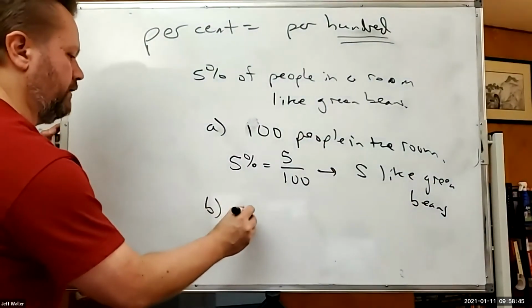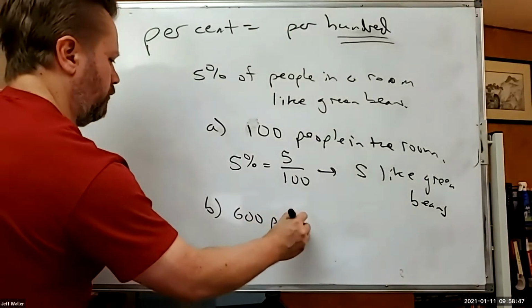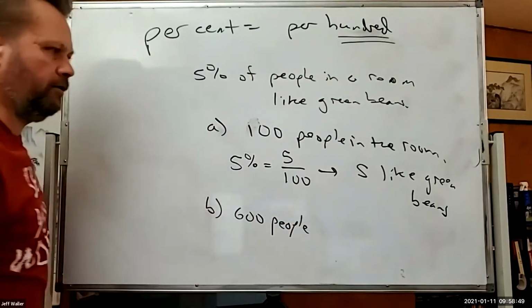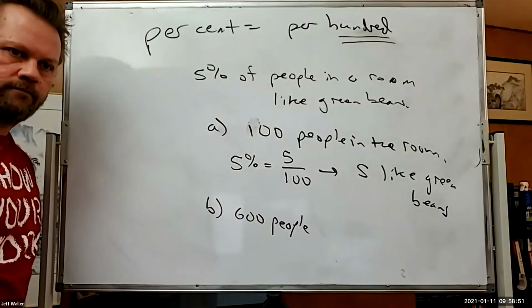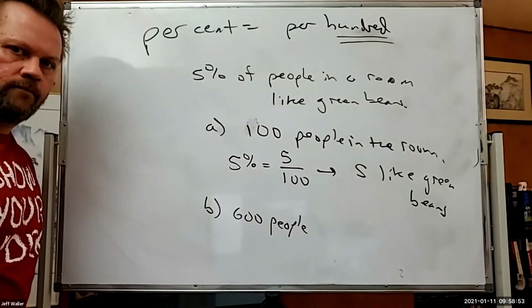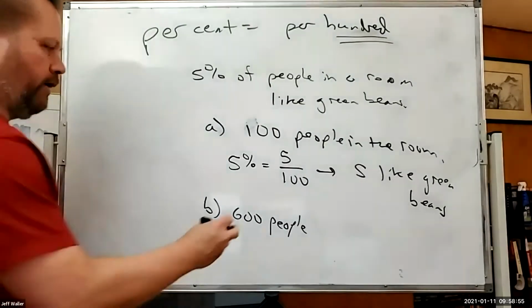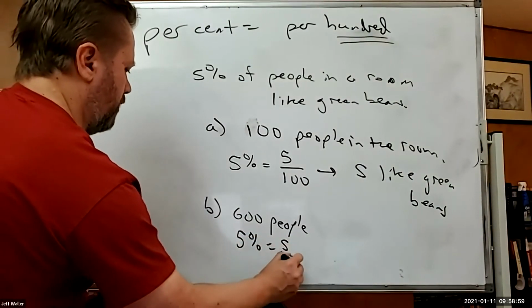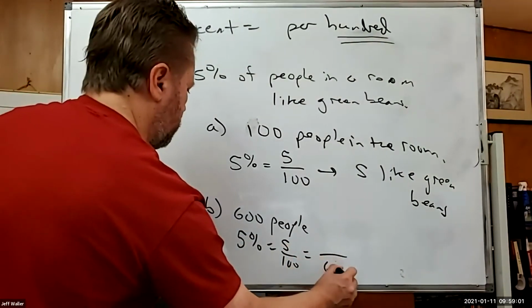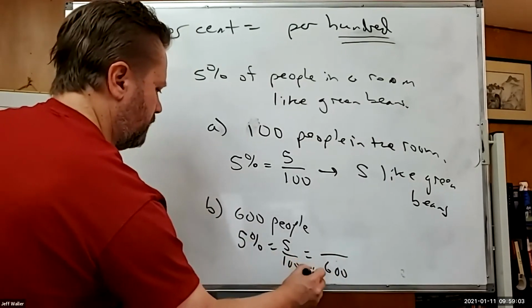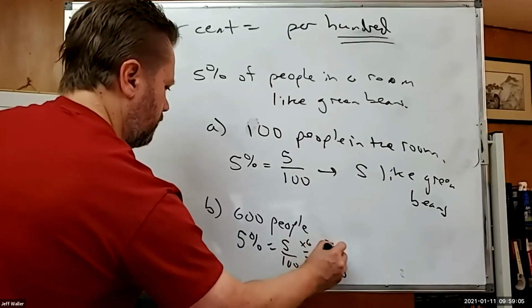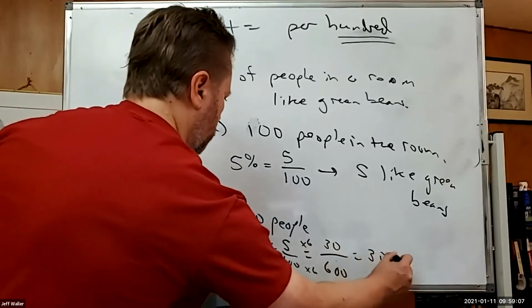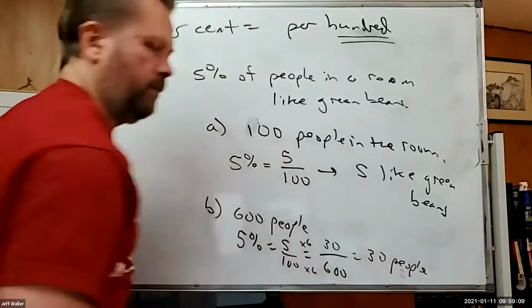So if I had 600 people in the room, how many like green beans? 30. How do you know that? One way you can do this is 5% means 5 per 100. So what would that be per 600? Times 6, times 6. 30 per 600. So 30 people would like green beans.